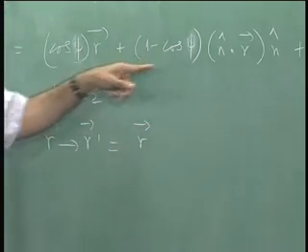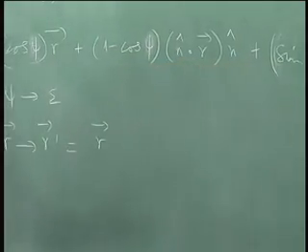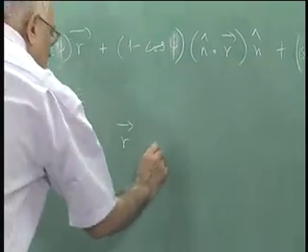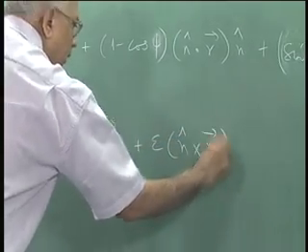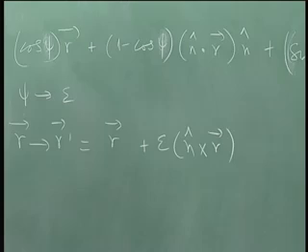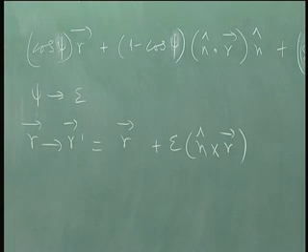This goes away, this cancels out, but this remains, and sin psi is psi itself. So plus epsilon n cross r. It is easy to verify that this is indeed what happens if you change the coordinates. If you rotate by an infinitesimal amount, this is what any vector r does. There is a portion which is proportional to n cross r.